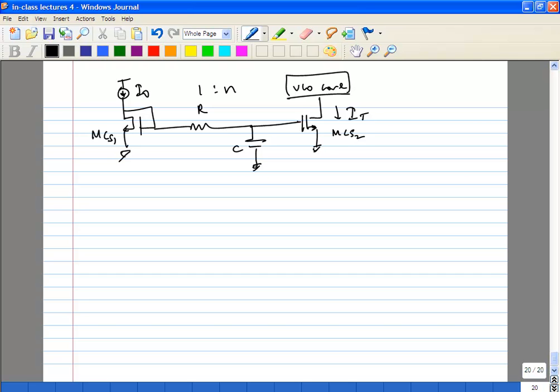Let's say n is 100 in this case. You have this, and you don't have any wastage of current. Now you want to take care of the flicker noise of MCS1, so you are going to put an RC filter to take care of the flicker noise of MCS1.